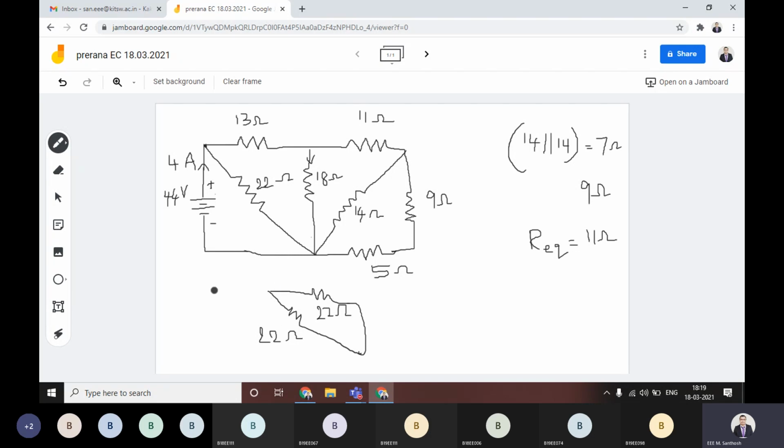Then if 4 amps is coming up to this point, then this 4 amps is actually divided into 2 parts, that too equally. That means 2 ampere will go this way, 2 ampere will go that way. That means current flowing in this branch is 2 amperes.